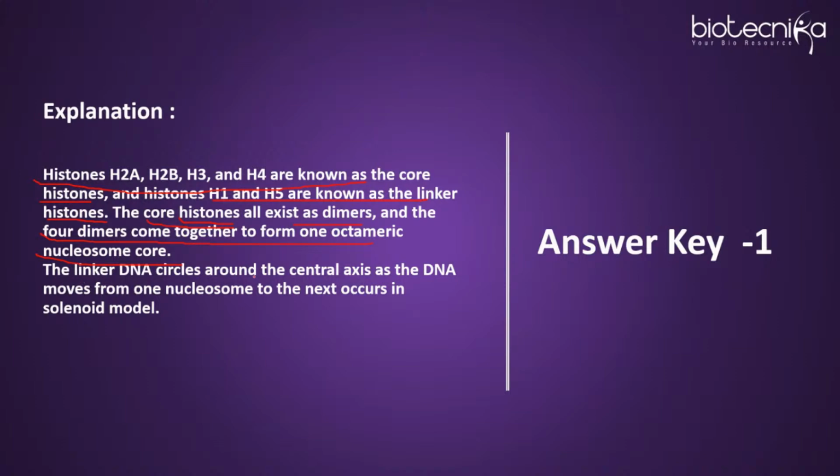The linker DNA circles around the central axis as the DNA moves from one nucleosome to the next in the solenoid model. So in the solenoid model, the linker DNA, that is the H1, circles around the central axis as the DNA moves from one nucleosome to the next.